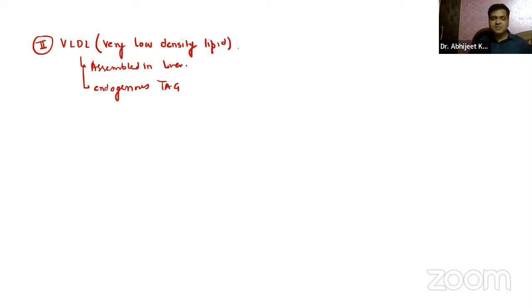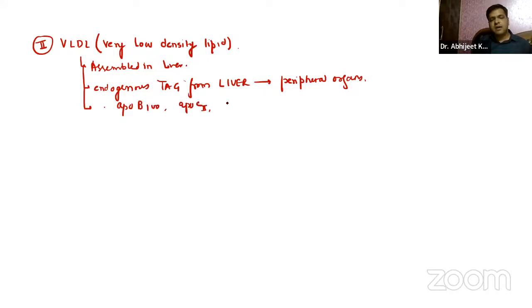But this is endogenous TAG from the liver to peripheral organs. The apolipoproteins present here are ApoB100, ApoC2, and ApoE.